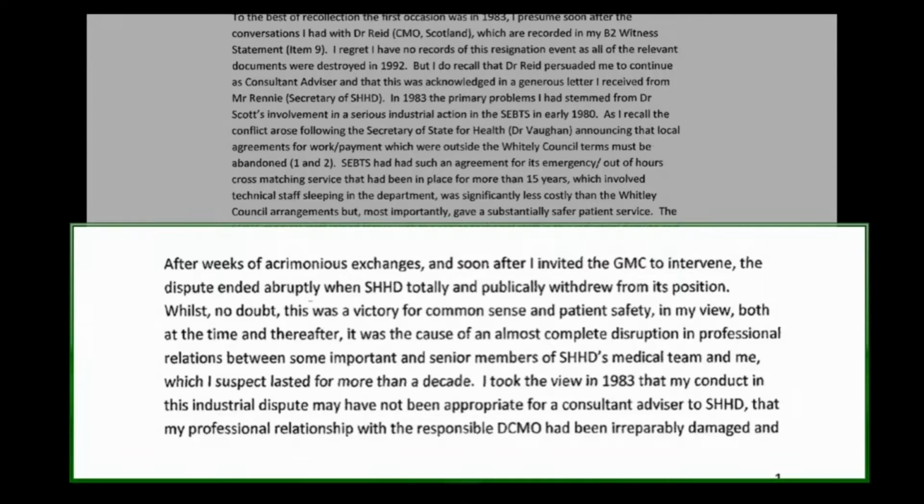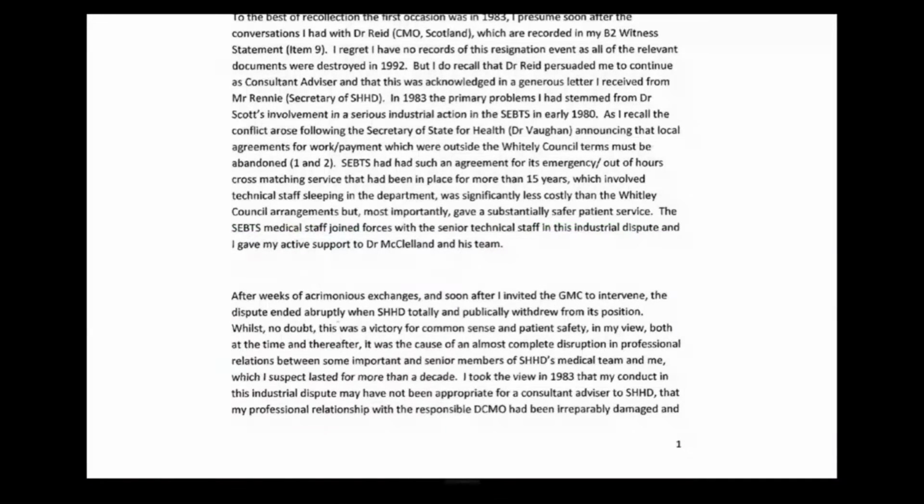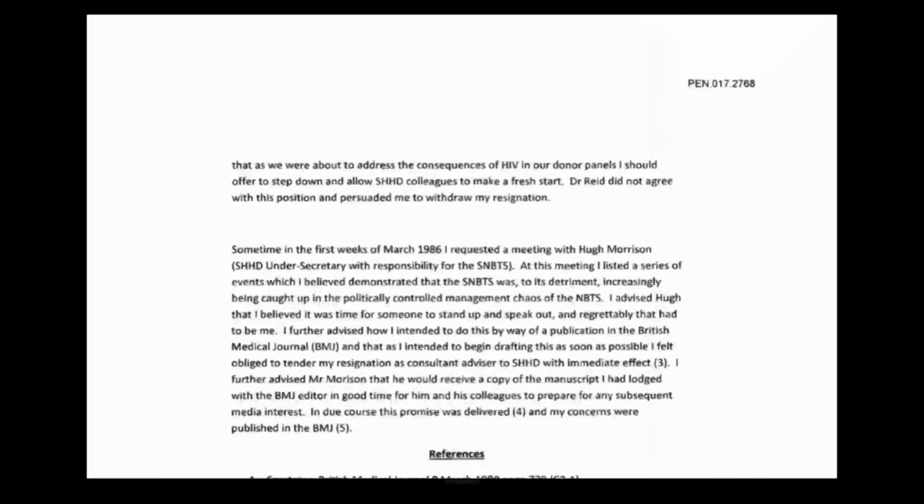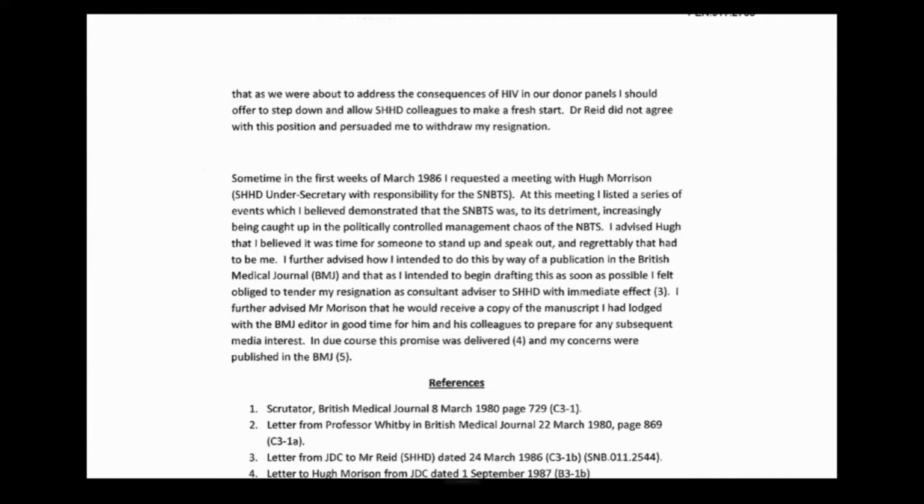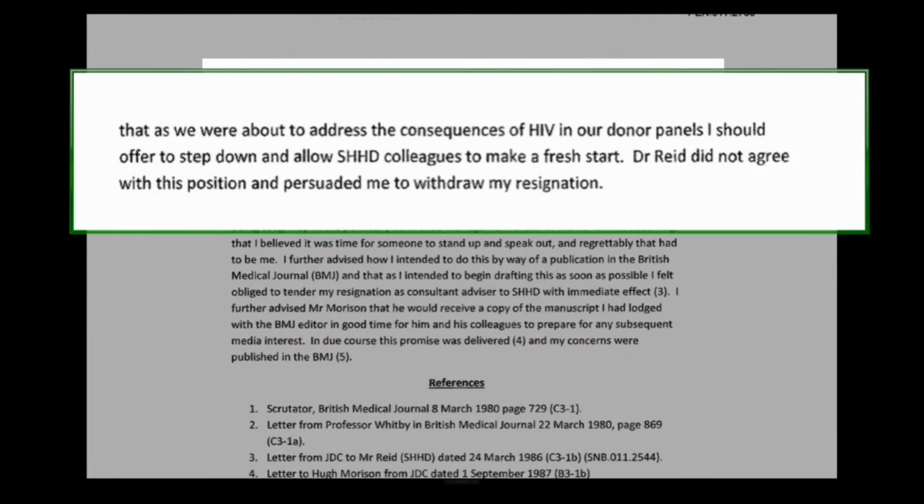I took the view in 1983 that my conduct in this industrial dispute may not have been appropriate for a consultant advisor to SHHD, that my professional relationship with the responsible Deputy Chief Medical Officer had been irreparably damaged, and that as we were about to address the consequences of HIV in our donor panels, I should offer to step down and allow SHHD colleagues to make a fresh start. Dr. Reid did not agree with this position and persuaded me to withdraw my resignation. So that was the position as at 1983.